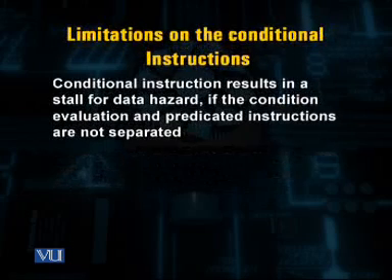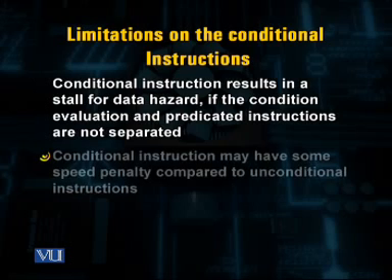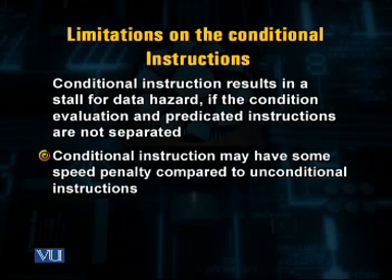Moreover, conditional instructions result in a stall for data hazards if the condition evaluation and predicated instructions are not separated. The conditional instructions may have some speed penalty compared to the unconditional instruction.